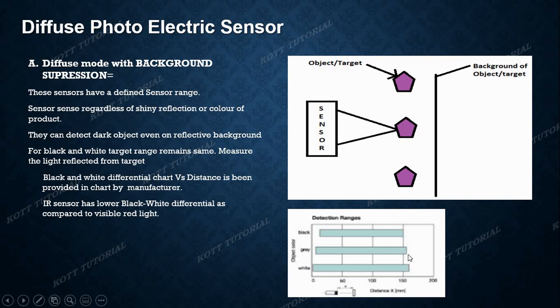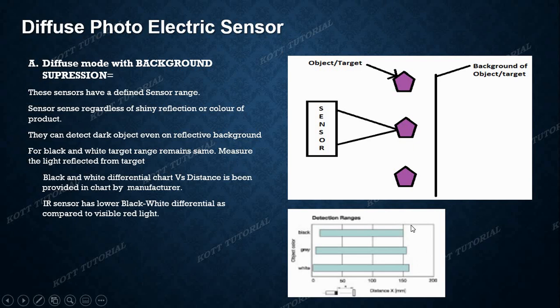Means a sensor may even give multiple pulses for a single product, or it will not give any pulse. So never use a product at a cutoff range of any sensor. Not only for this type, for any sensor, if we are using the product at a cutoff range, it will not give better performance.